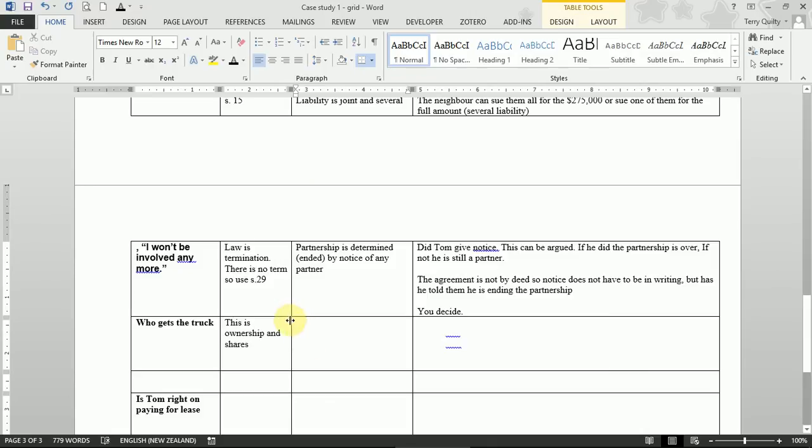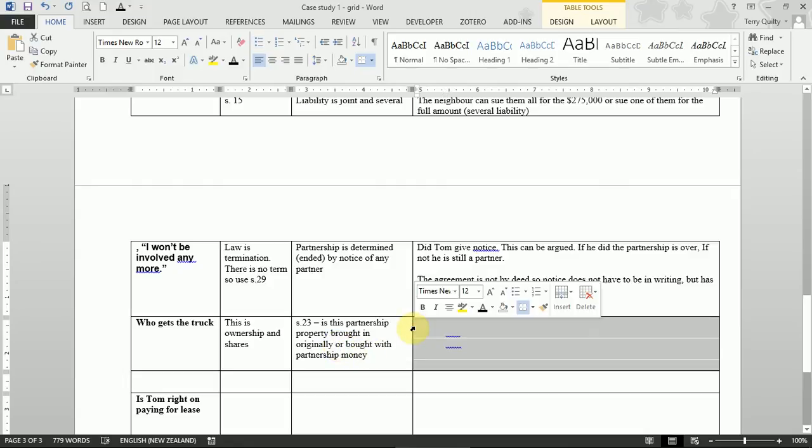Who gets the truck? It's an ownership and shares issue, as in share of the assets. Now, the truck we're talking about is the crane, not the one that was bought with partnership money. So it's about partnership property. Is this partnership property brought in originally when they form or join the partnership, or bought with partnership money?